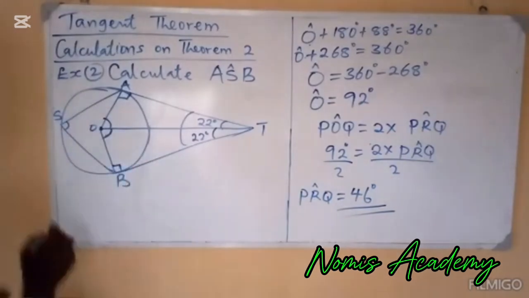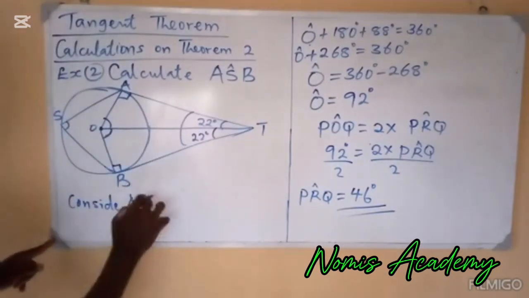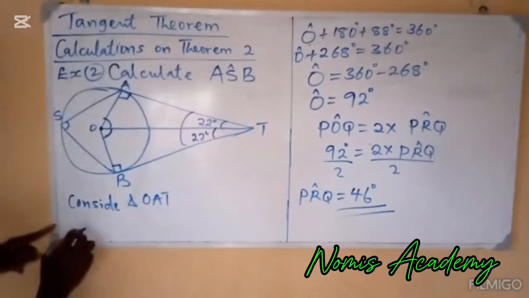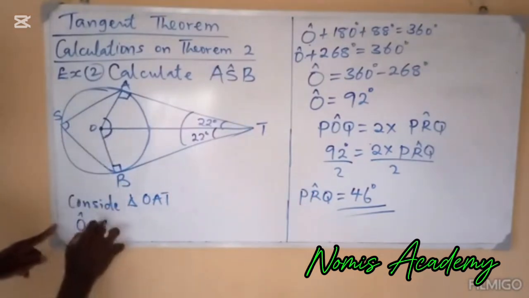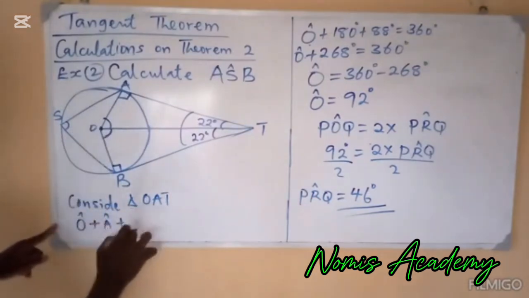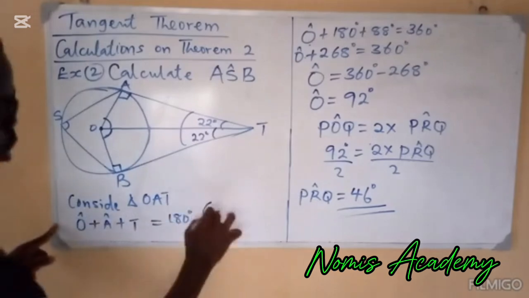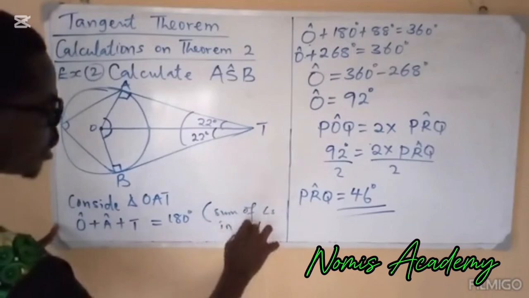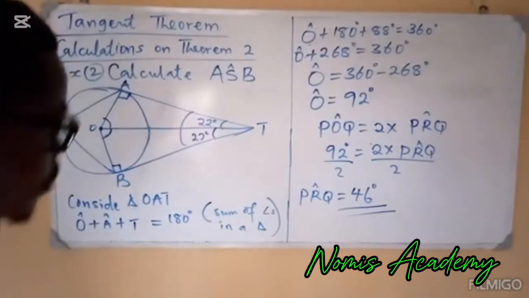So let's proceed from there. Now let's consider triangle OAT. Now we know that angle O plus A plus T sum up to 180 degrees, which is the sum of angles in a triangle.